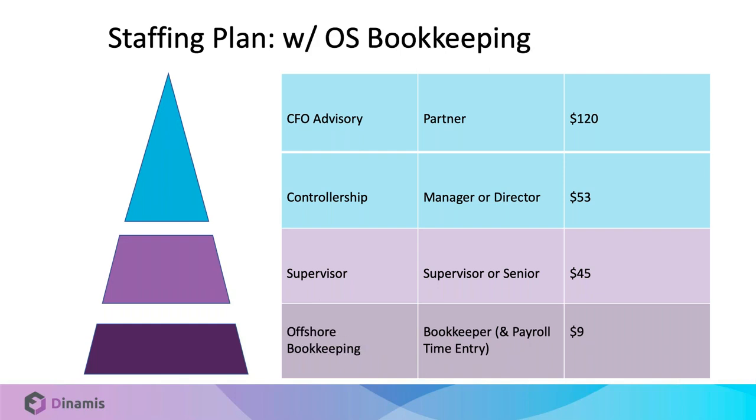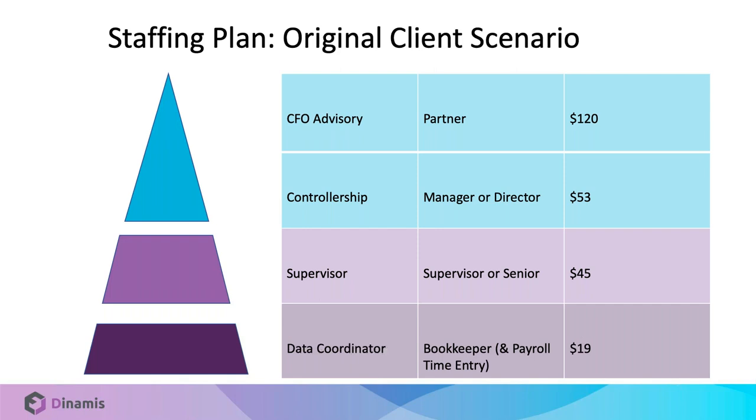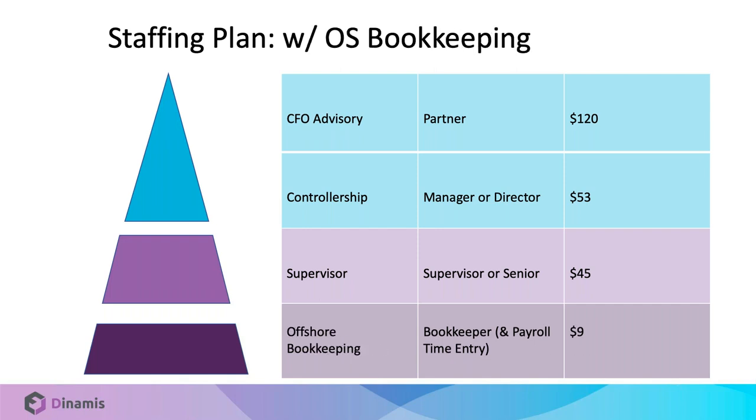If you look at those numbers with an outsourced model, you can literally cut the cost in half for bookkeeping. So instead of $19 an hour, you're actually paying $9. Now, depending on how you structure your engagements and what your fees are and how competitive your pricing is, you could have a significant amount of flexibility in pricing if you're using an outsourced bookkeeping model.